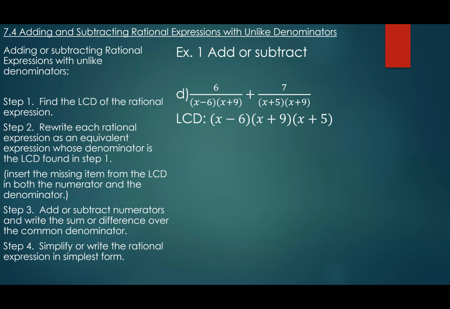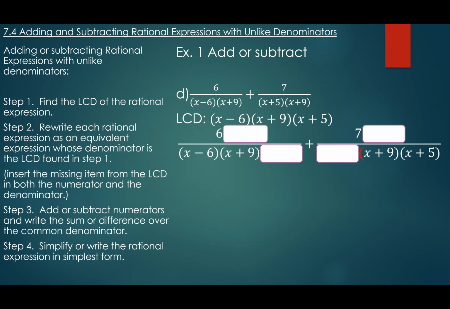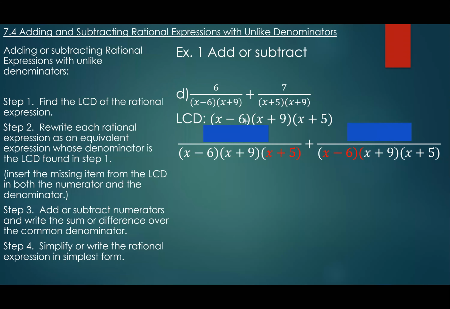What do we do with the LCD? This is what we need to do. Our goal is, once we find the LCD, my denominator is my LCD. So whatever my LCD is, I just put on the denominator.